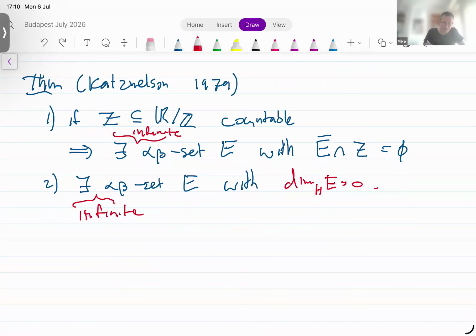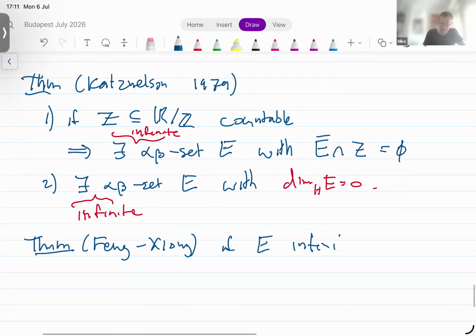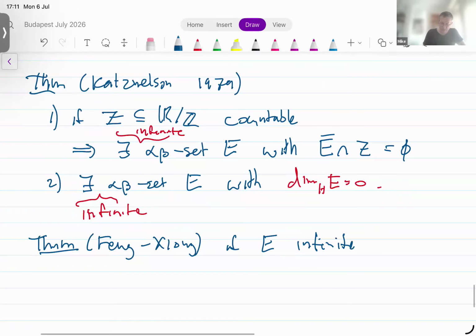So about a decade ago, I think actually in 2016, Huang and Sheng proved that if E is an infinite alpha beta set, then the box dimension of E is at least 1/2.